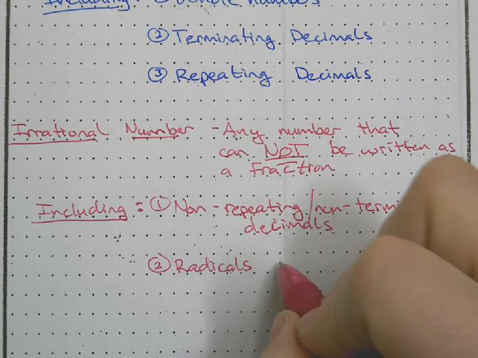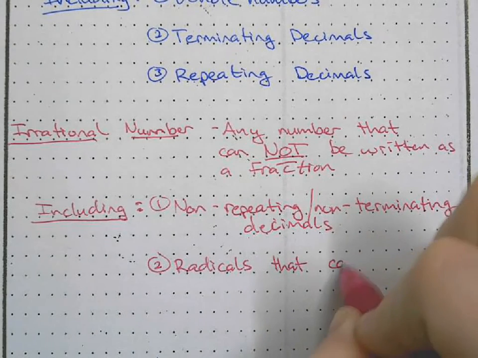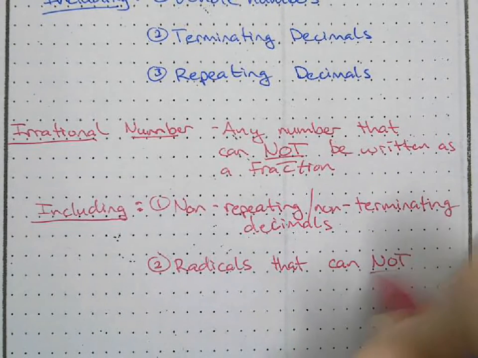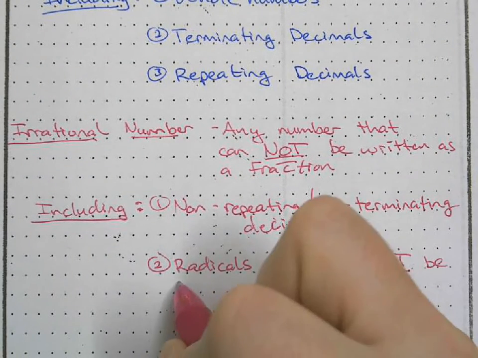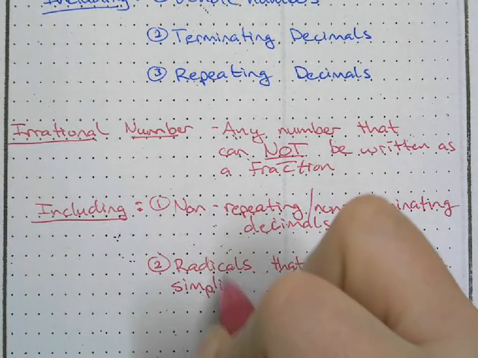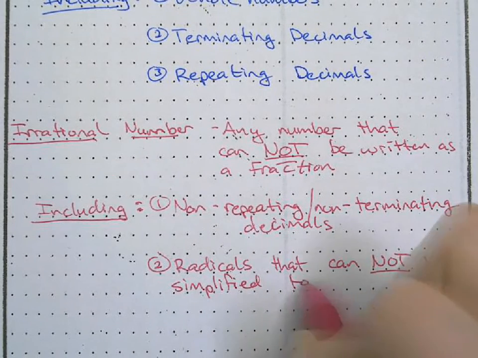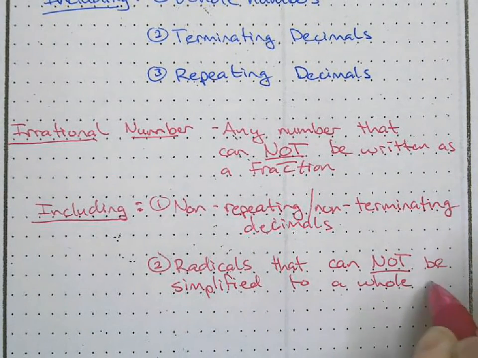Another irrational number is radicals that cannot be simplified to a whole number.